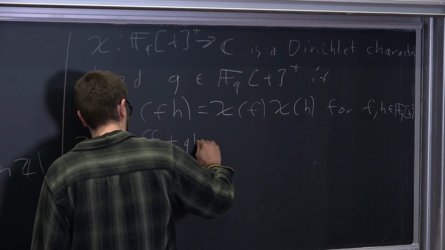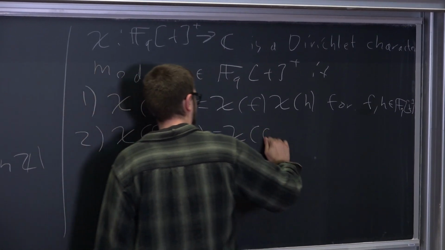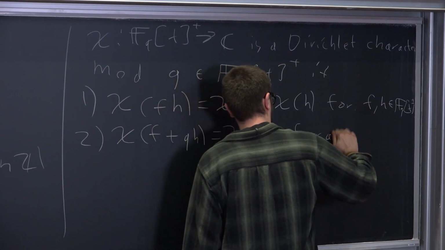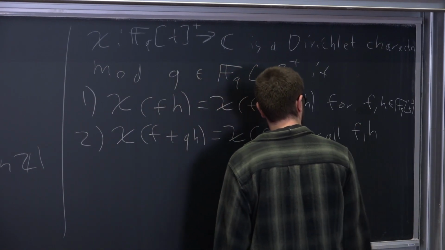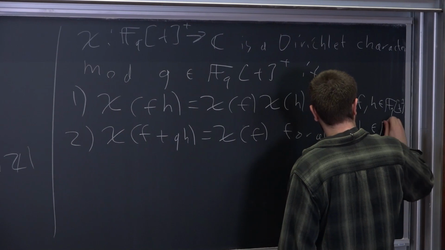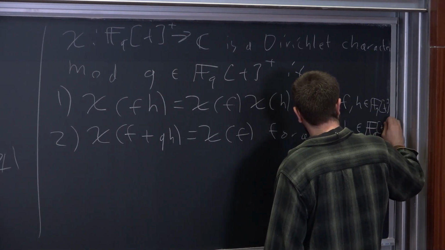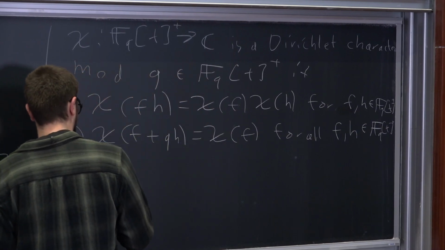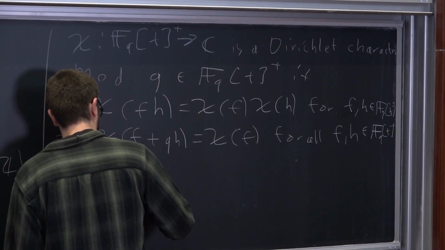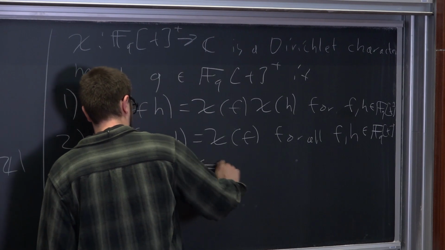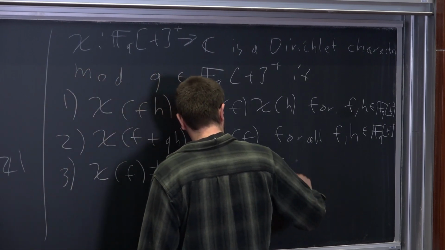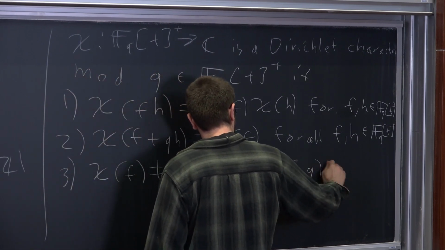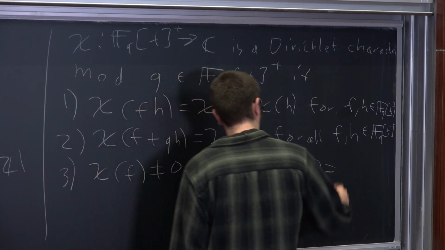Chi of f plus g times h is equal to chi of f for all f, h in F_q adjoin t plus. And then third, chi of f is non-zero if and only if GCD of f and g is 1.